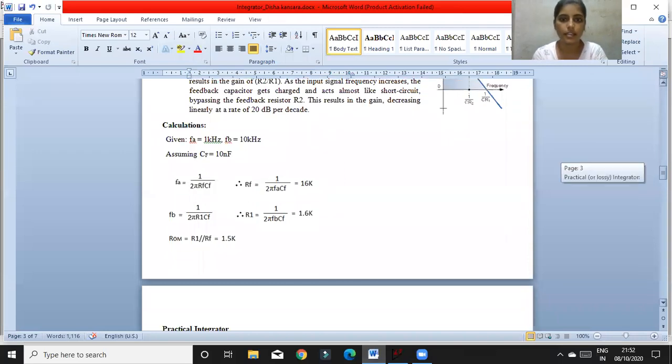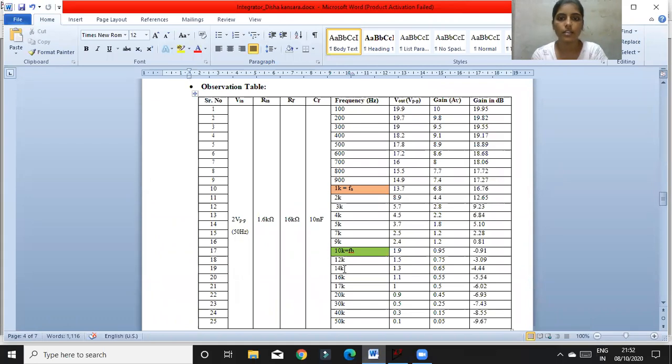So these are my other calculations for different frequencies. At fa, 1 kilohertz, I got Vout as 13.7, my gain is around 6.8, and gain in dB is 16.76. At fb, which is 10 kilohertz, my Vout is 1.9, my gain is 0.95, and my gain in dB is minus 0.91.